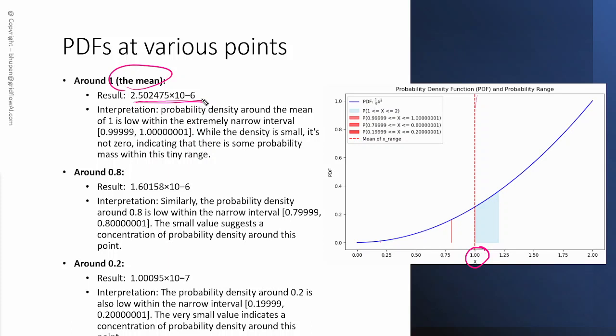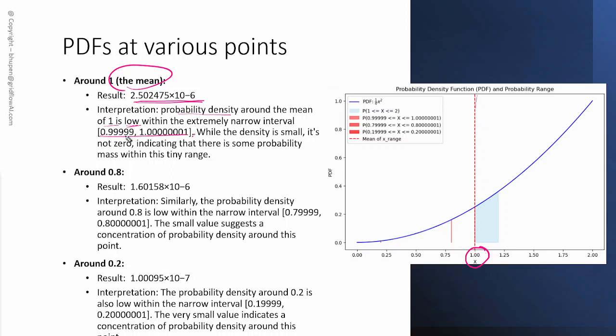What does it mean? It means the probability density around the mean is low, of course, but now we're going to talk about it in a relative sense. It is low within the narrow interval, so I used this interval here to get to 1.